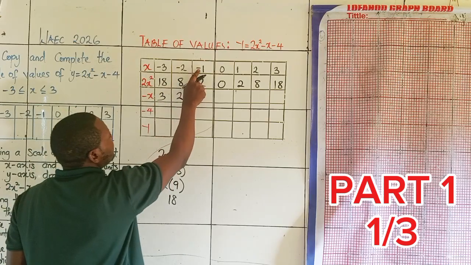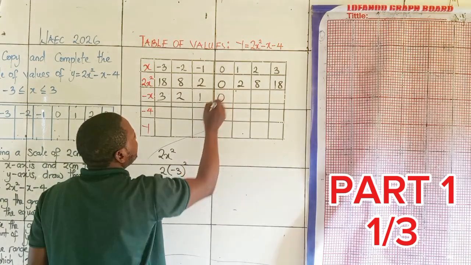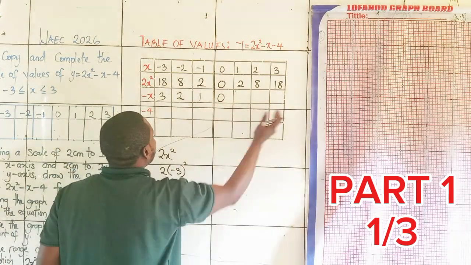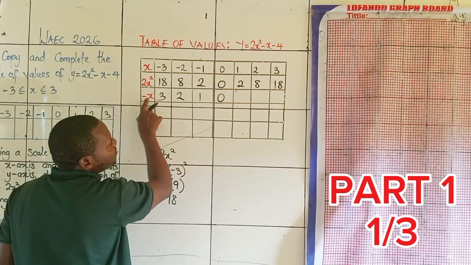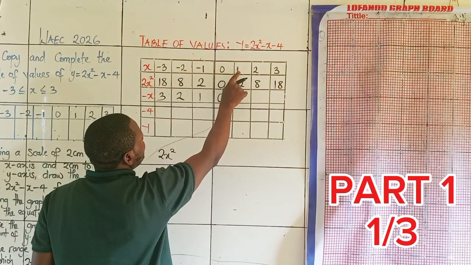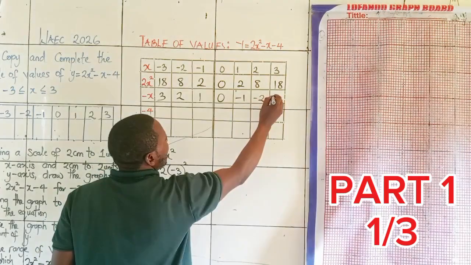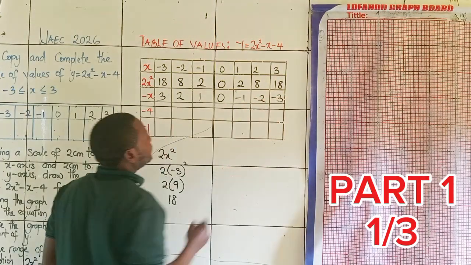Then minus times -1 will give us 1. Minus times 0 will give us 0. Now when you come to the positive part, minus times 1 will give us -1, -2, and -3.